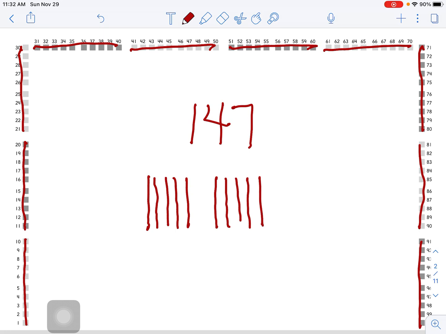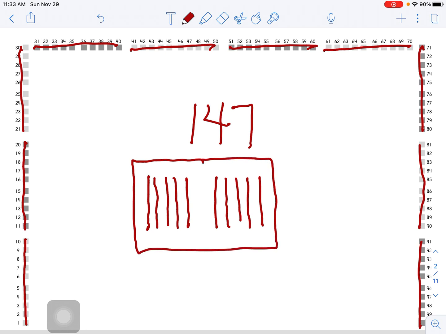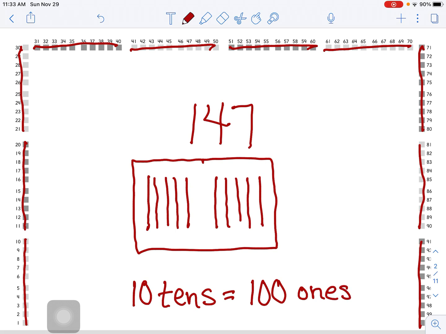And remember when we had our 10 tens that we said that that equaled 100 ones, or we started to use the box or the square, all right? So 10 tens equals 100 ones.